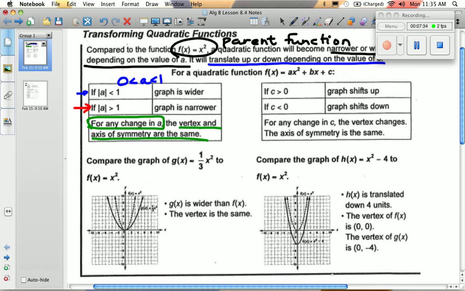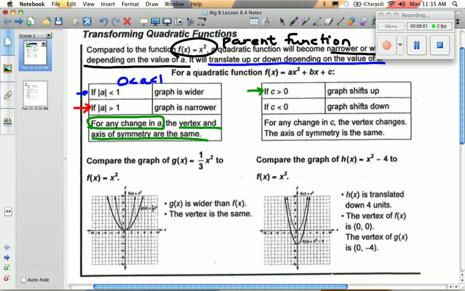And then the c value. Now we're talking about the y-intercept, or the c value. If the c value is greater than 0, that means it's a positive number, right? By the way, where is the y-intercept for the parent function? Where is it crossing the y-axis? 0.